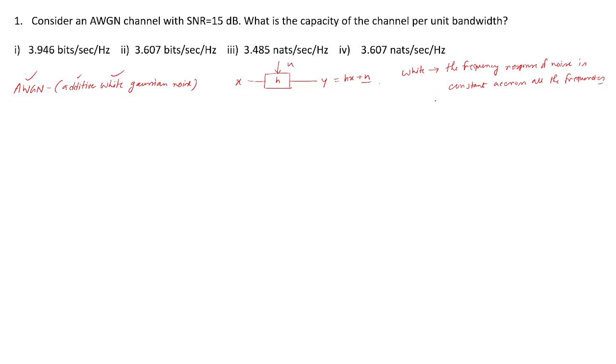So what does it exactly mean? If N is in time domain, it's a noise. If you take a Fourier transform of that, which is denoted as N(F), then the spectrum of N(F) looks something like this. This is axis F, so this has a constant frequency response across all the frequencies.